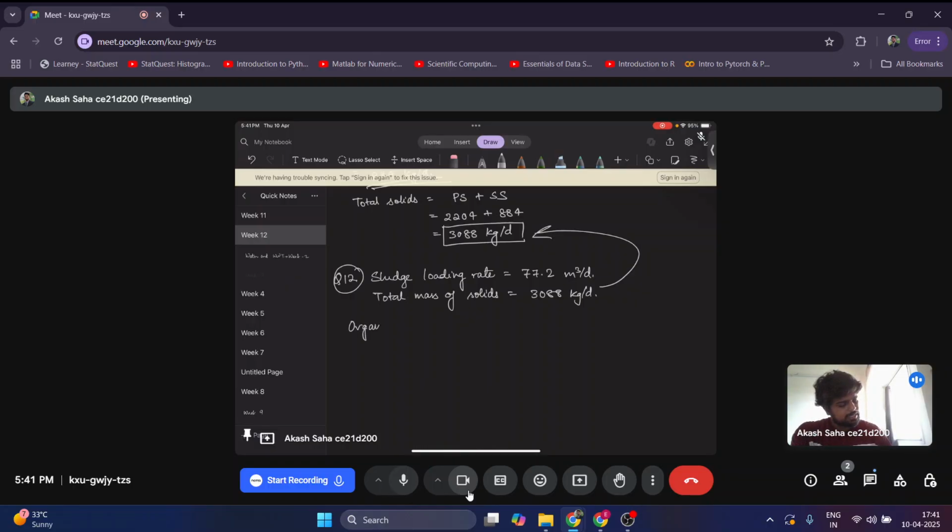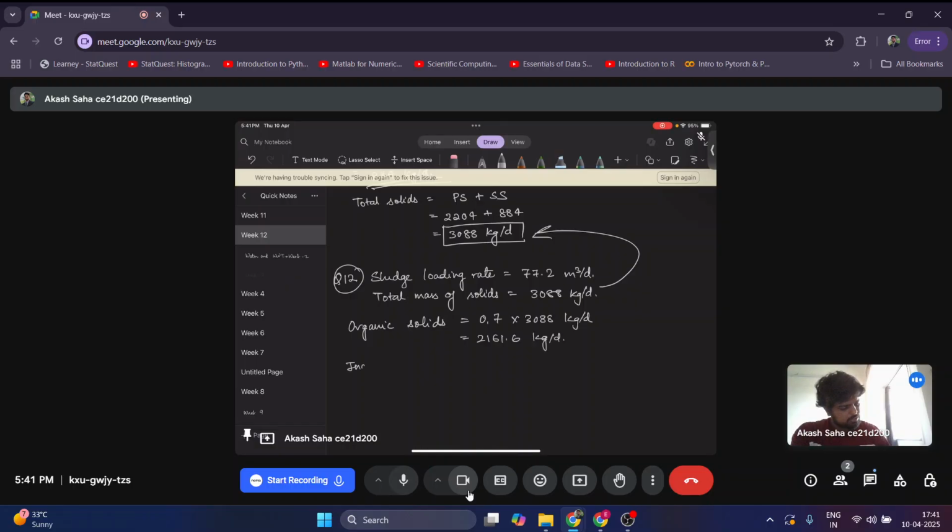So now the organic solids. What will be my organic solids? 70% was organic, so 0.7 into 3088 kg per day. That will be equal to 2161.6 kg per day.